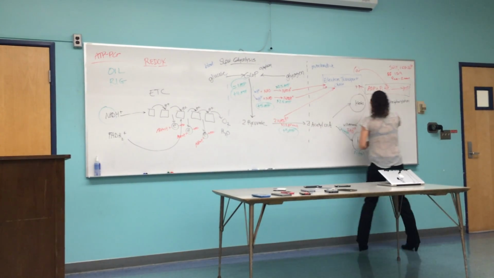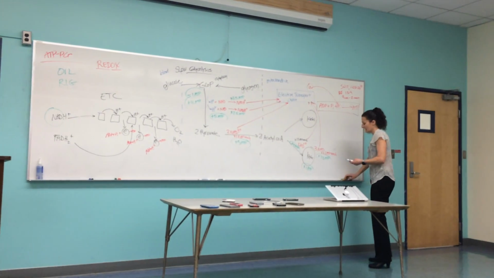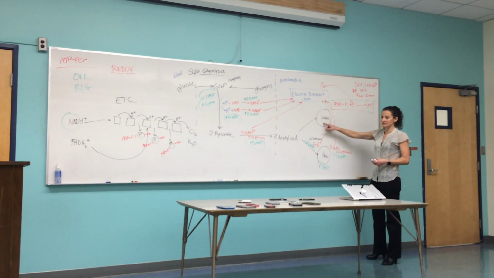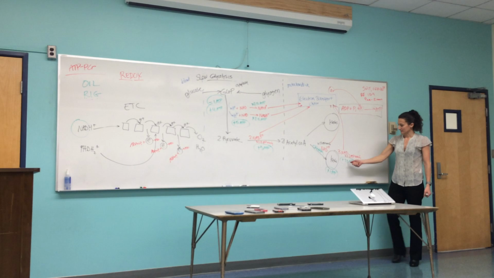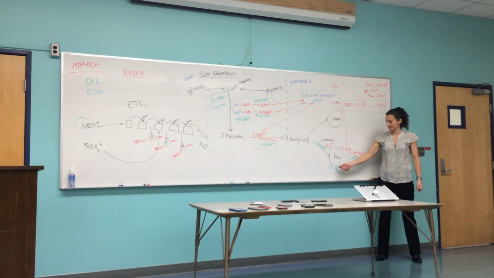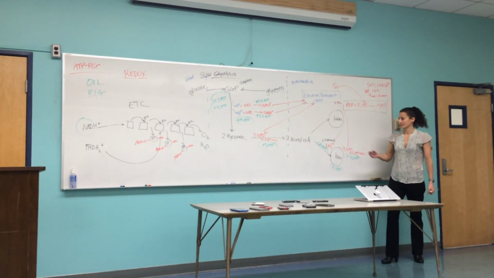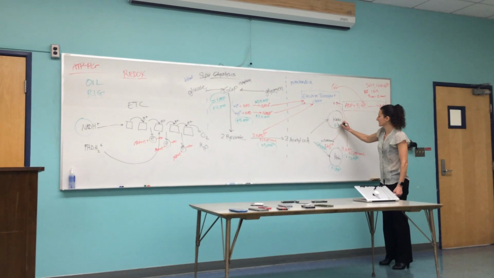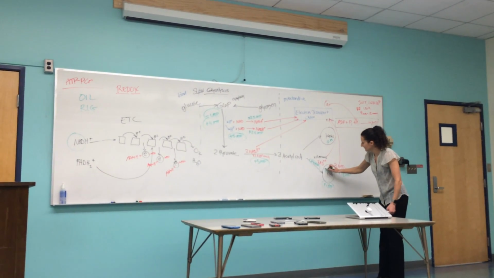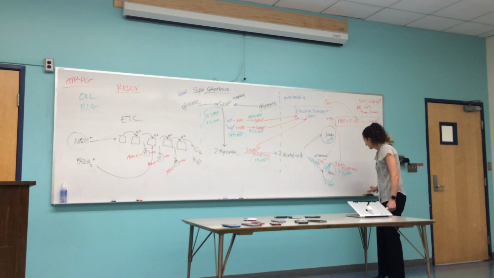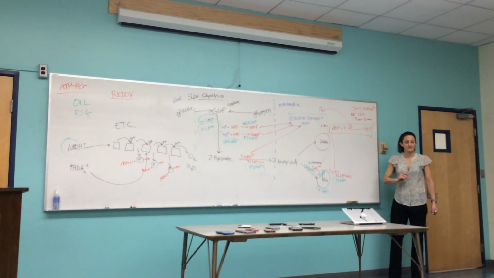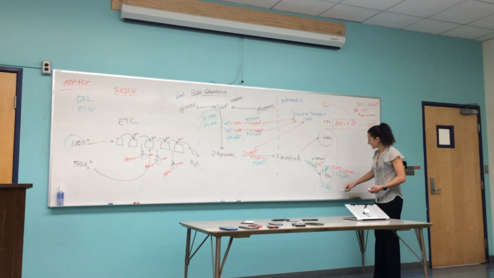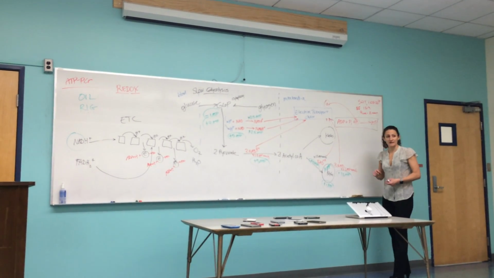Okay, so each Krebs cycle is the same. How many total ATP did I get from this Krebs cycle? 7.5, 1.5, and 1. Does everybody see how that's 10 ATP? 10 ATP in that Krebs cycle. Okay, so each Krebs cycle is exactly the same.